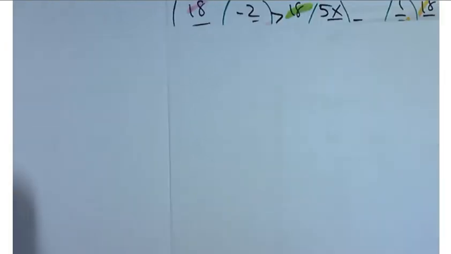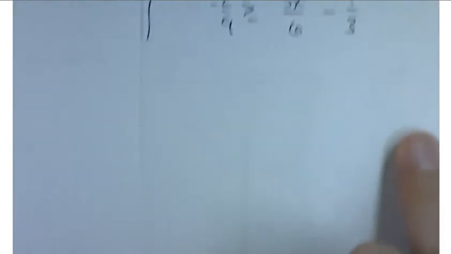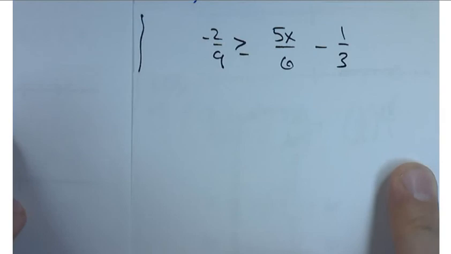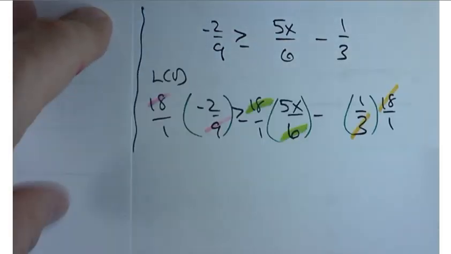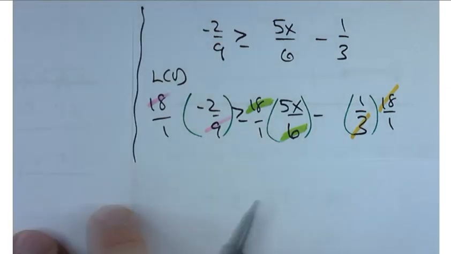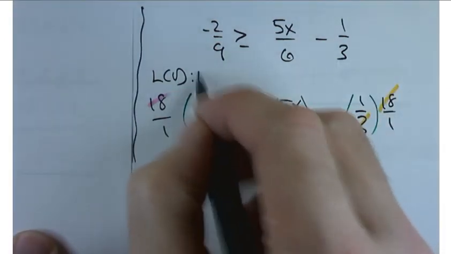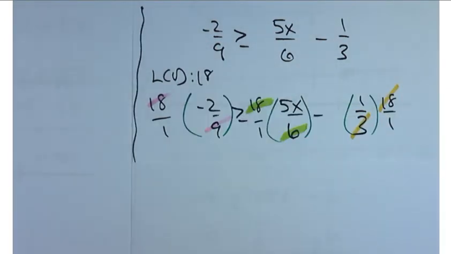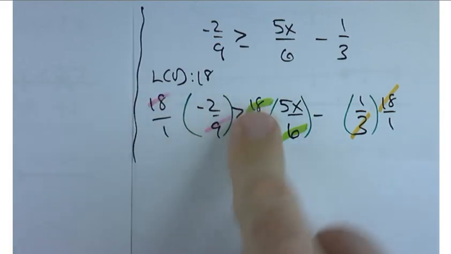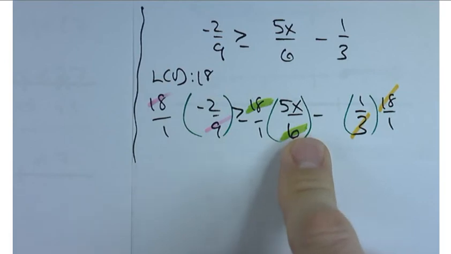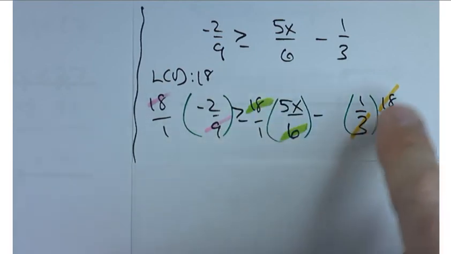So for the next one, you had fractions to deal with. The thing to do here is to get rid of the fractions. So I'll multiply everything through by the lowest common denominator. The LCD was 18. So it's going to be 18 times negative 2 ninths, 18 times 5x over 6, and 18 times 1/3.